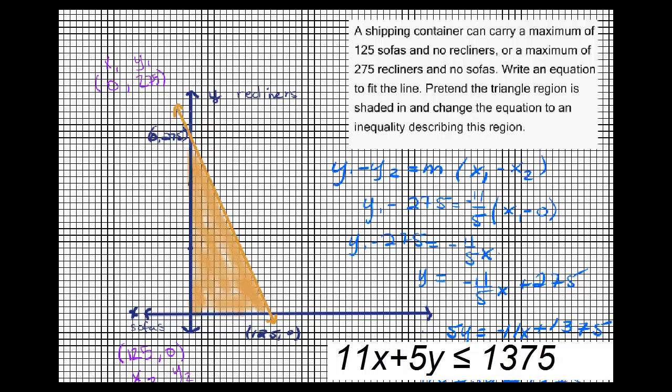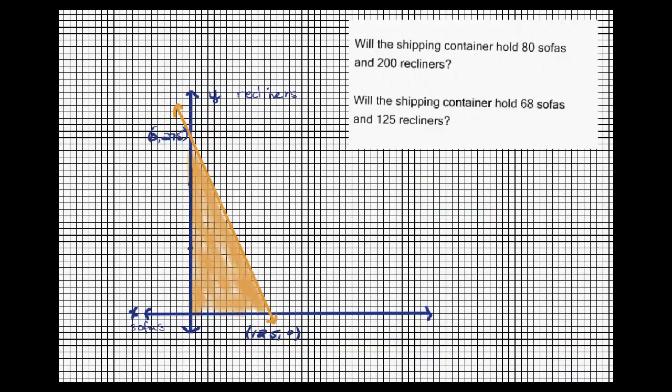I'm going to erase what I've done for the prior problem so we can start this new one. We want to know if the point (80, 200) will fit in this region. Where is it going to fall? Inside or outside of this region, or even on the line? If it falls on the line or inside this region, then yes, it will fit in our shipping container. But if it falls outside of the region or not on the line, then it will not fit. Let's plug that into our inequality.